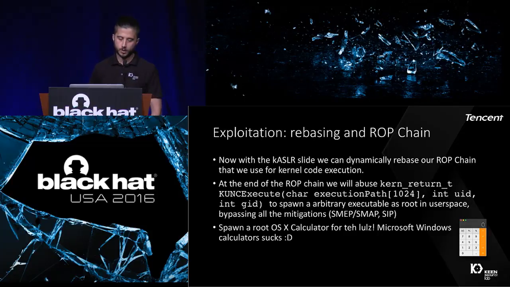At the end of our ROP chain, we invoke this nice OS X method, UNCExecute, which communicates with a user space daemon and allows you to execute an arbitrary binary as root. In this way, we can bypass SMEP, SMAP and SIP and spawn a root OS X calculator.